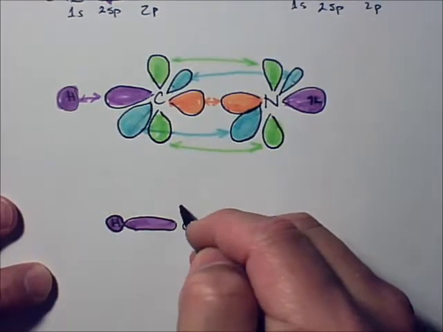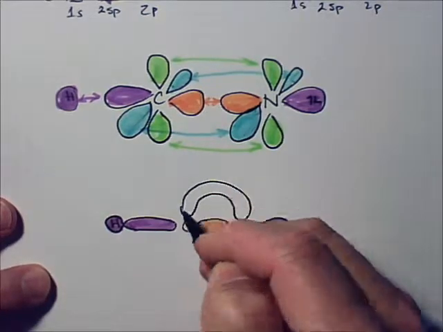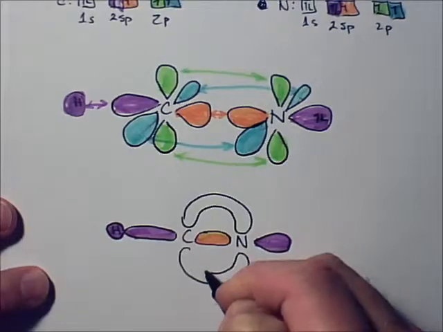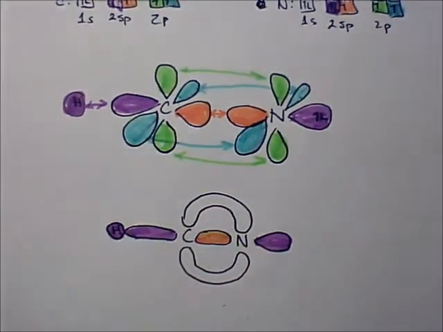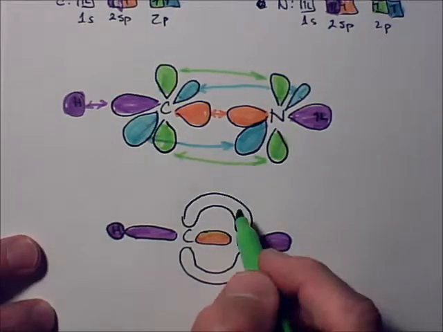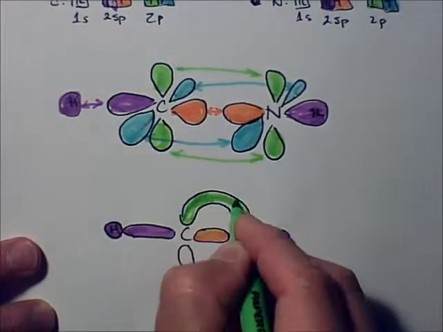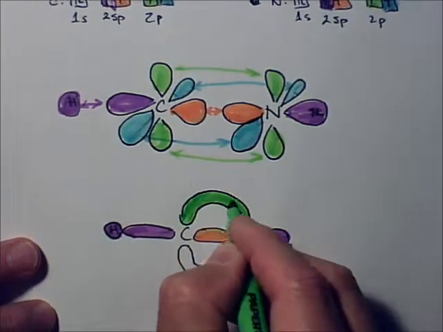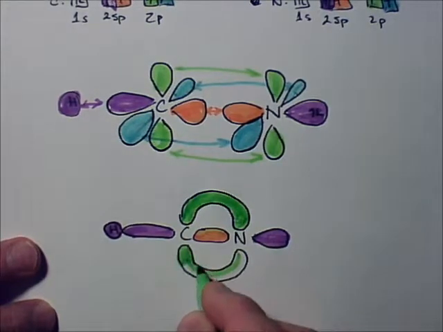So here's one of the p orbitals that's going to form. It's in two parts. You've got two parts of a pi bond coming out of two p orbitals. The two p orbitals here, the green ones, form a pi bond vertically. Or actually, the p orbitals are vertical. The pi bond, you could say, is horizontal, I suppose.